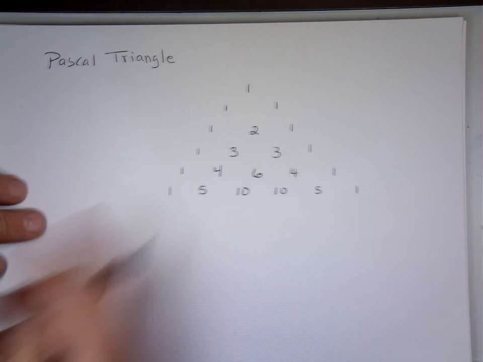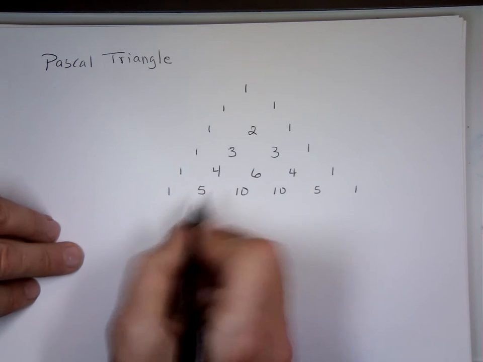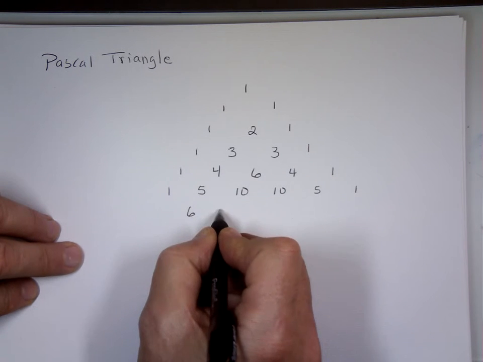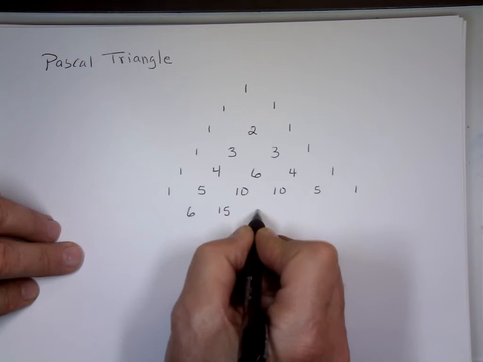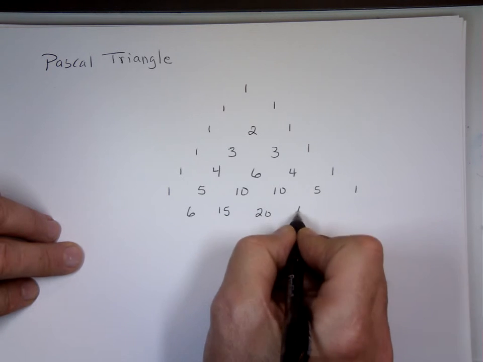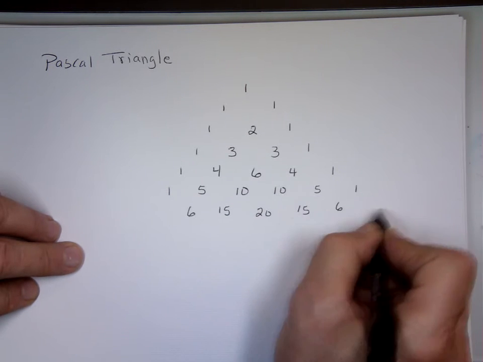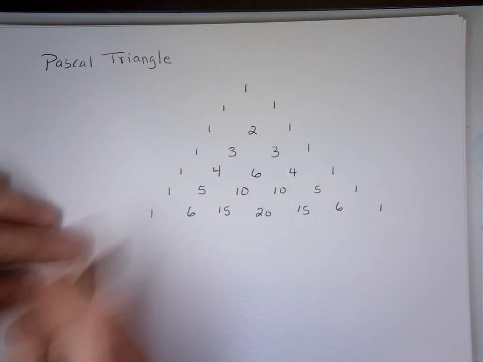And you can see the pattern continues. 1 and 5, I'll do one more. 6, 15, 20, 15, 6, and 1. And it doesn't end. You can go all the way to infinity.